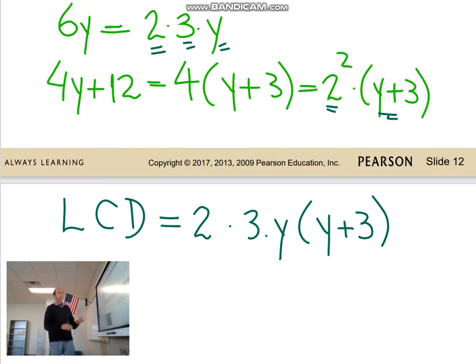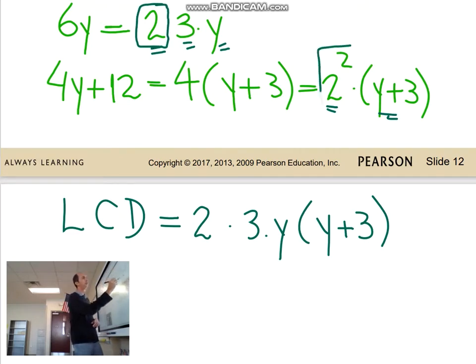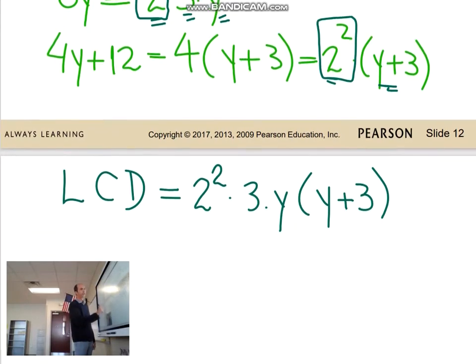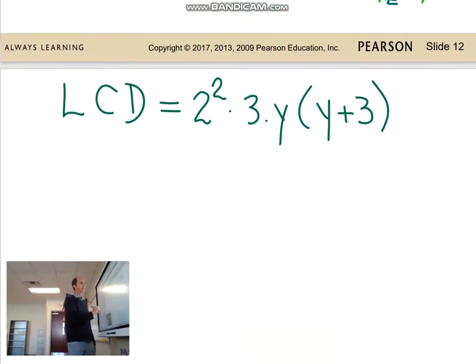The next step, check the exponents. You're going to use the highest exponent of each factor. We have 2 exponent 1, and we have 2 squared. So the highest exponent is 2. For 3, for y, and for y plus 3, we just have exponent 1. Great! This is the least common denominator.